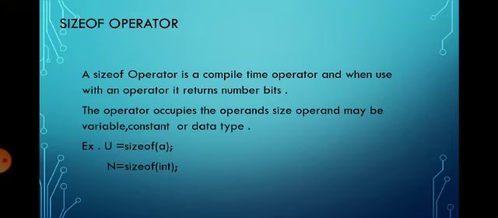Now sizeof operator. The sizeof operator is a compile time operator, and when used with an operand it returns the number of bytes the operand occupies. Operand may be a variable, constant, or data type. The syntax and the example of the sizeof operator are given here.